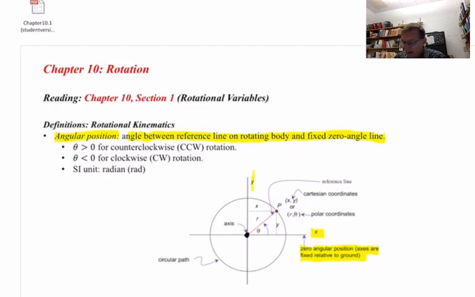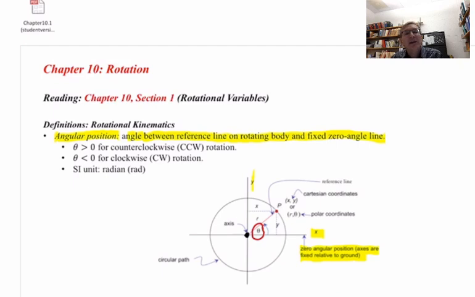By the angular position, we mean the angle between the red reference line on the wheel and the fixed plus x axis. The diagram shows the angle that the red line makes with plus x and labels it with the Greek lowercase theta.